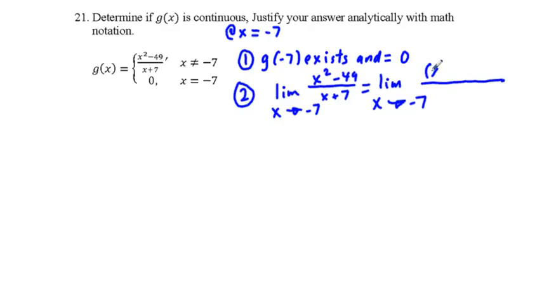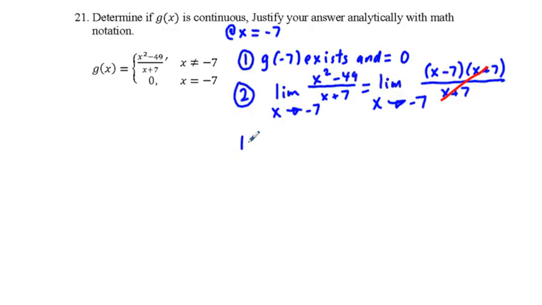We're going to have x minus 7, difference of squares, times quantity x plus 7. In the denominator, we have x plus 7, and x plus 7 over x plus 7 can cancel.